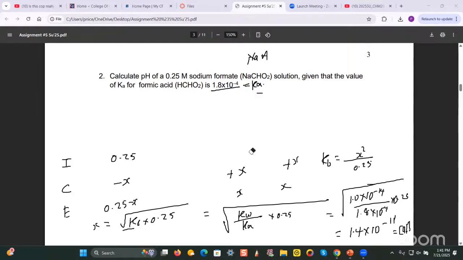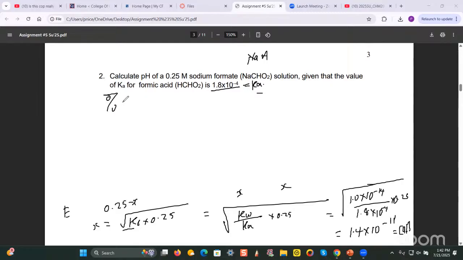So how would you find the pH? This is the concentration of OH minus. We have to do the percent dissociation check, of course, which I think is going to be less than 5%. But let's play it safe.